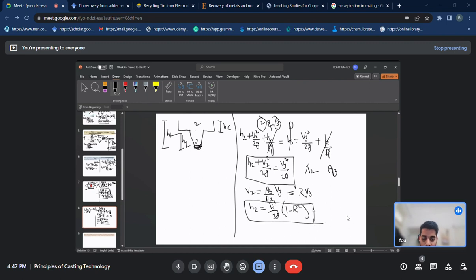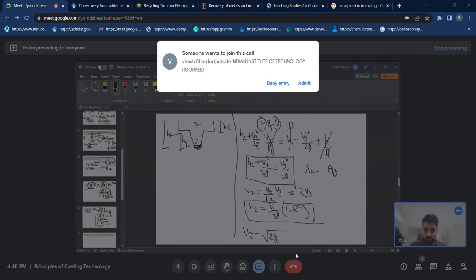Now if we need to find the relation between H2 and H3 in terms of the areas, from here V3 will be equal to root 2G H1, or H1 we can write as HT.